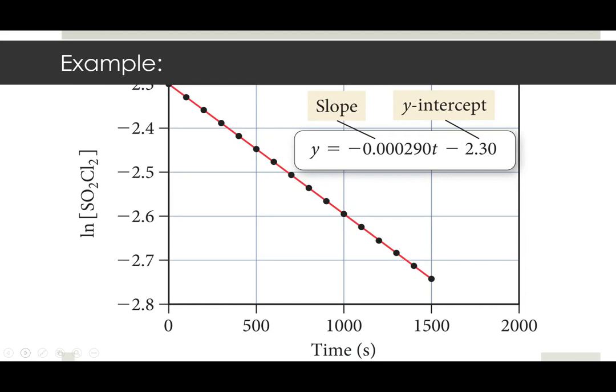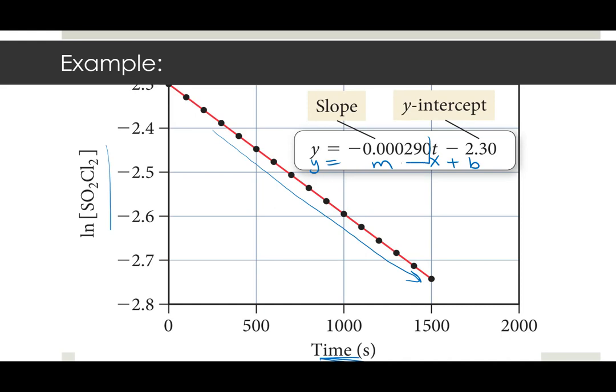And what you're going to see is if this is, in fact, a first order reaction, the data is going to fit along this line very nicely. So if I plot natural log of our reactant versus time, I get a nice straight line. When you're in Excel or even on your calculator, you can ask for the equation for that line. So you can say, hey, Excel, I want the equation for this line that I just plotted. So Excel is going to spit out something like this, right? So y equals mx plus b.